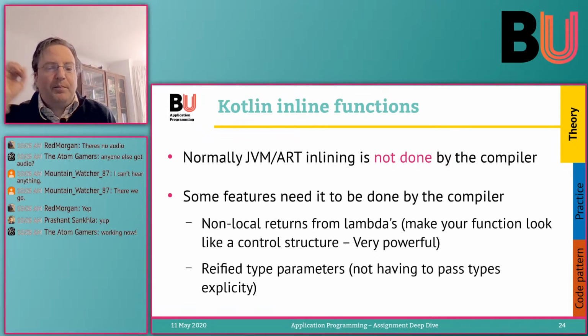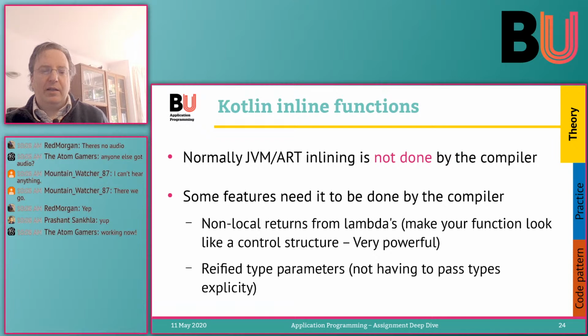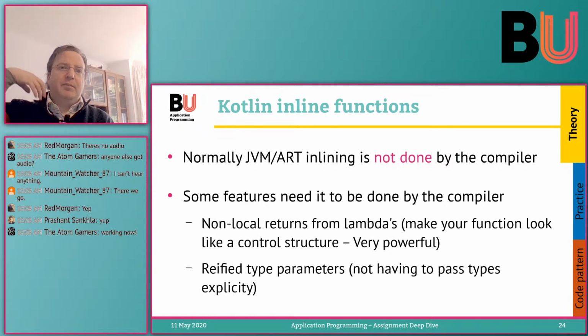In any case, there are some cases where we know that inlining really needs to be done by the compiler. In particular, there are some features that Kotlin can have because it does compiler level inlining. Two of them in particular are the non-local returns. So inside your lambda block, you can have a return, and that return returns from the function that called the lambda or created the lambda.